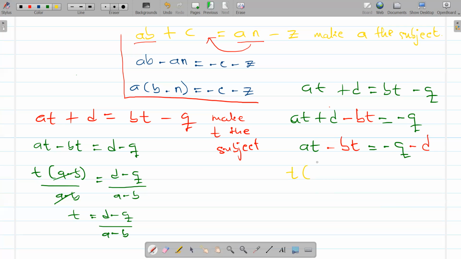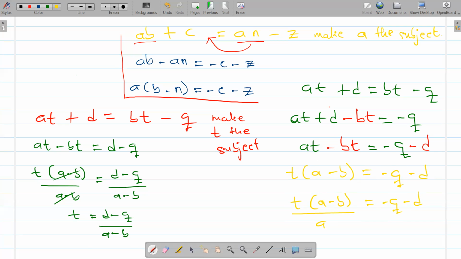Then what is left is what? A minus B, which is equal to minus Q minus D. So now I have T times A minus B equal to minus Q minus D.